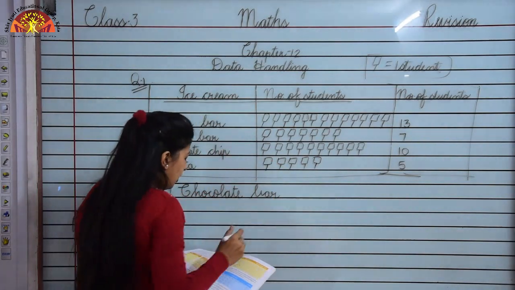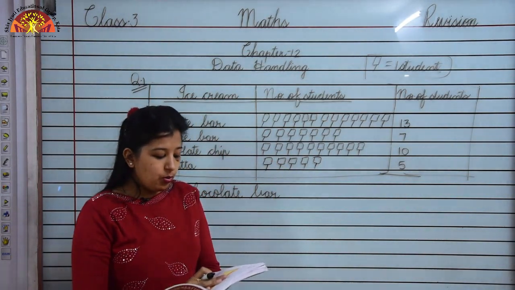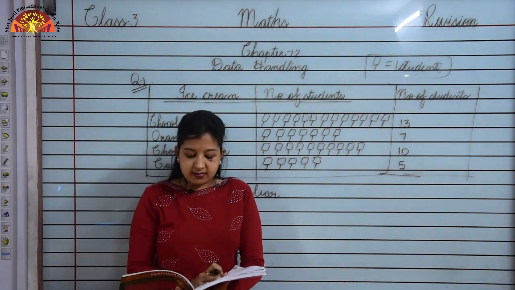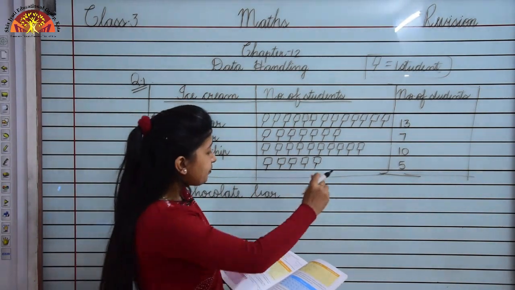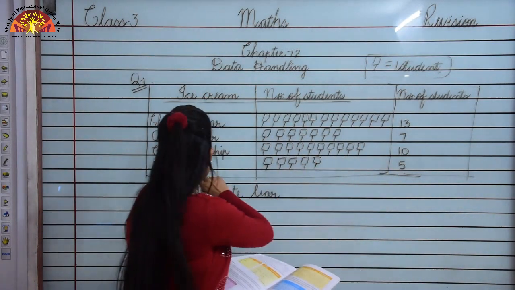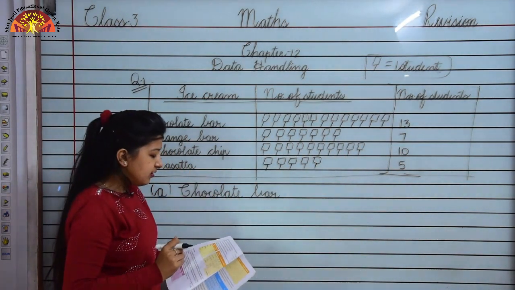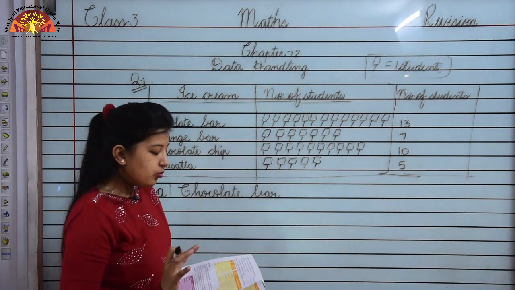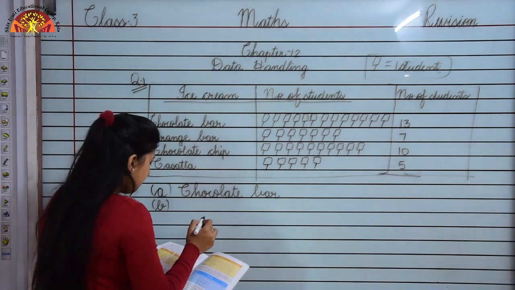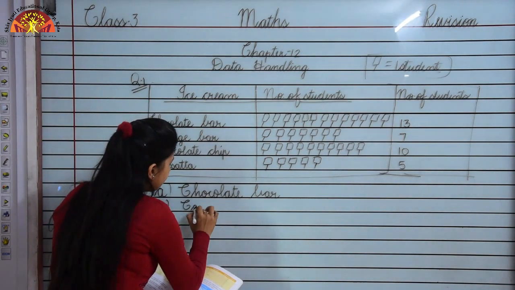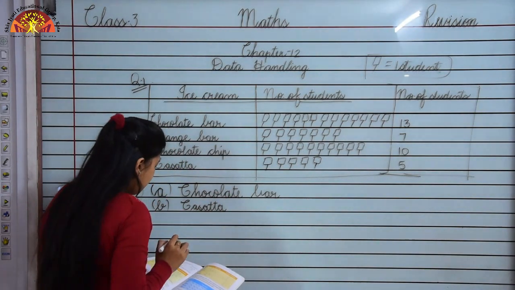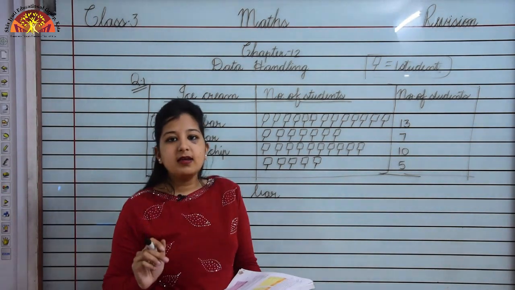Okay. Now our B part of question number 1 is, which is the least liked ice cream in the class? So here you can see 5 students like cassata, which is the very few students. So the answer is cassata. Now our third part is, how many students are there in the class?